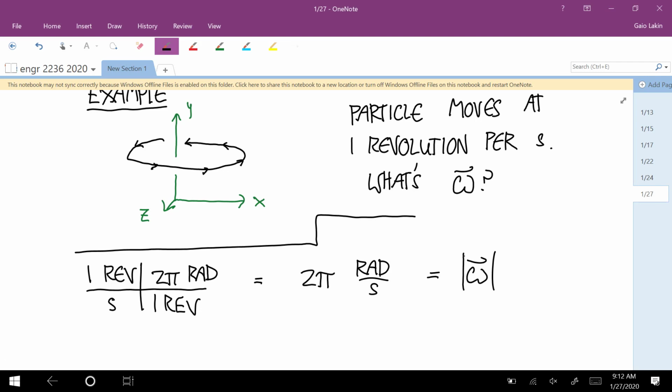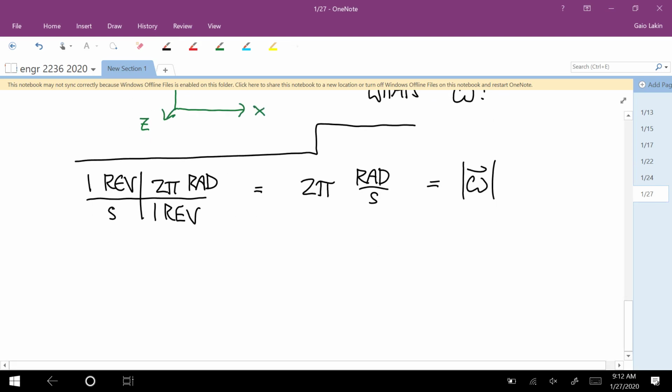And now we have to figure out the direction. So use the right-hand rule with that circular path. So what's the direction of the angular velocity vector? Up. Yep, exactly.